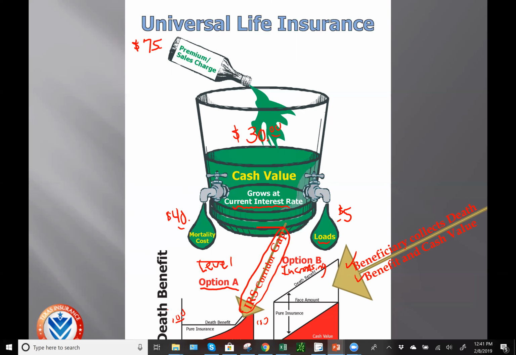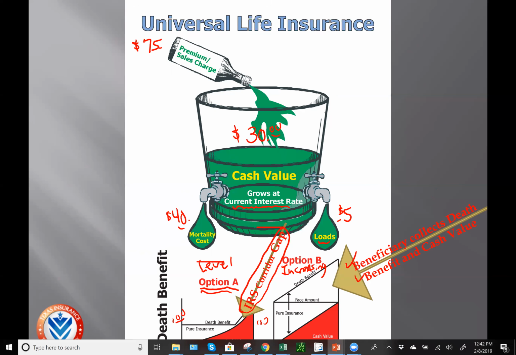Let me give you a couple test questions so you can see why I do it this way. Here's your first one. Under which universal life death benefit option must it maintain the required IRS corridor gap between the death benefit and the cash value? Option A, there you go.